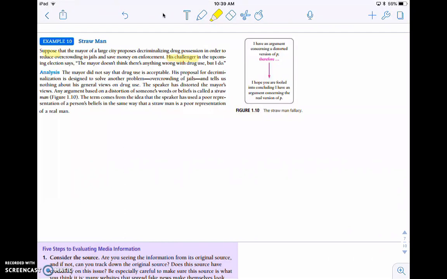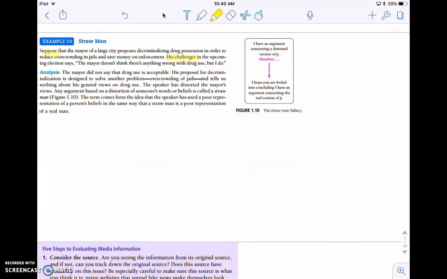So notice the mayor never said anywhere that drug use is acceptable. But by proposing decriminalizing some drug possession in order to reduce overcrowding of jails and save money on enforcement, this individual makes the implication that, well, this person wants to decriminalize drug possession, therefore he doesn't think that drug abuse is wrong at all.